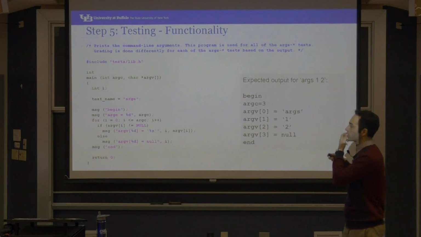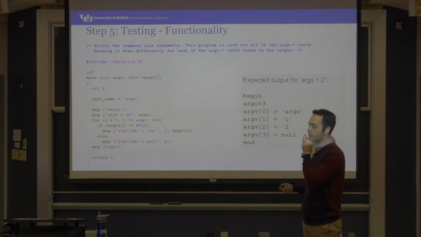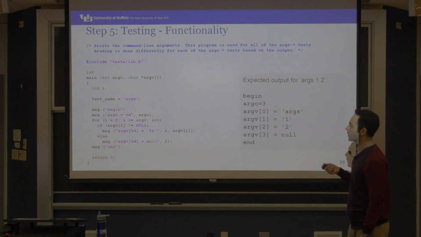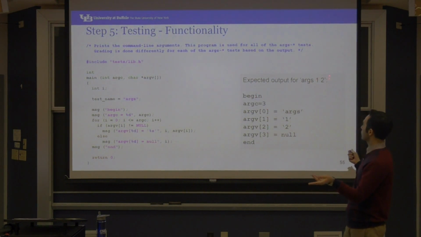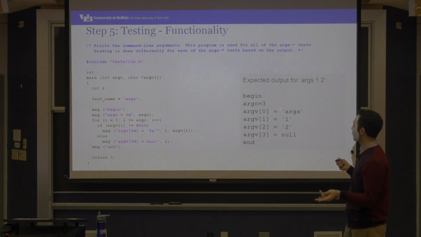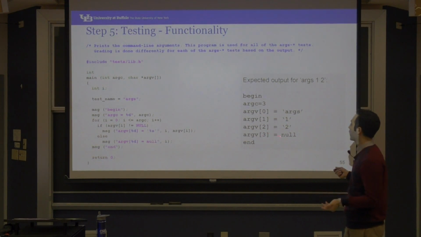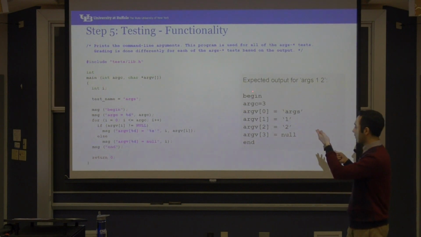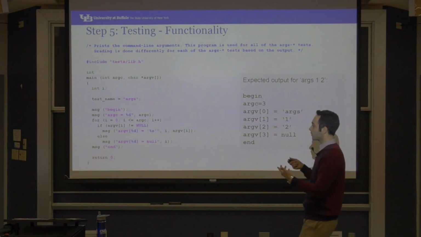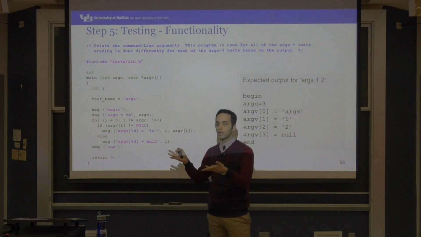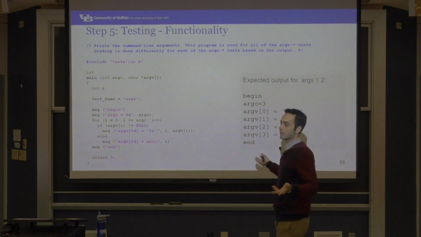Did it print out all the expected messages? So begin. argc is 3, because it's supposed to have 3: 1, 2, 3. Then argv0 is args, argv1 is 1, argv2 is 2, and argv3 is supposed to be null, and then end. If these are all printed, then the functionality expected from this user program is satisfied, right? So then this test passed.